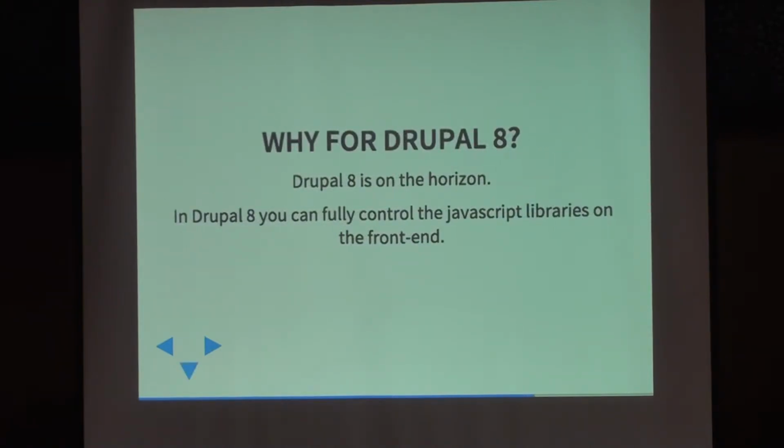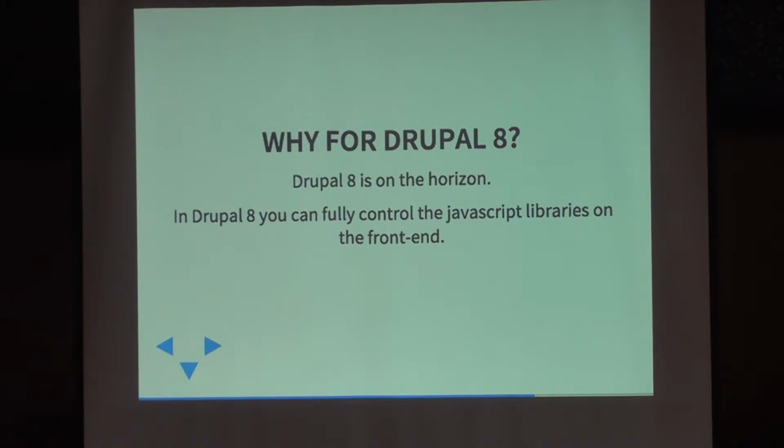And why is it for Drupal 8? Maybe if you want, you can try to use it with Drupal 7 or another version of Drupal, but in Drupal 8 you can easily control what JavaScript libraries you want to load in your theme.